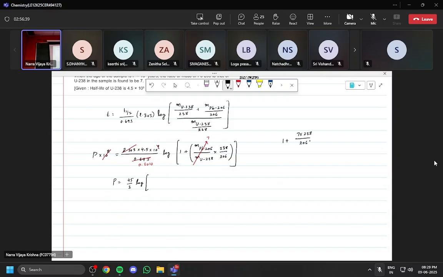I should get 6. 6 7s are 42, 8 6s are 48, so I think I can get 11 there. 7 into 238 by 206 is not even 11, not even 8, I think. 7.7. So 7 into 238 divided by 206 plus 1. Oh, sorry, this value plus 1.